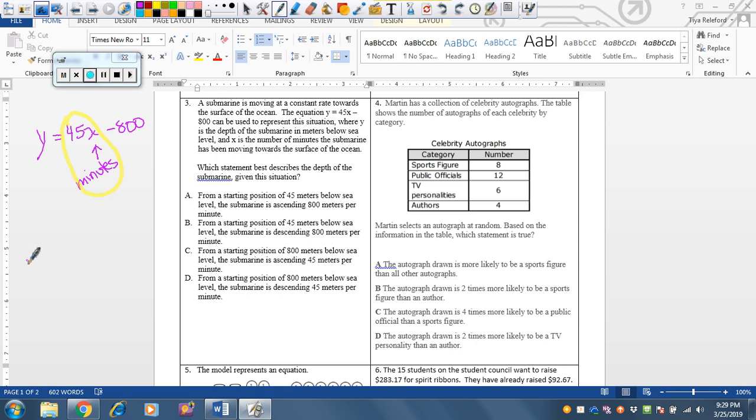Multiplying words are each, per, every, right? These are the words that tell us to multiply. Times. 45 needs to be multiplied by minutes. So go through and cross out anything that has the wrong number being multiplied.